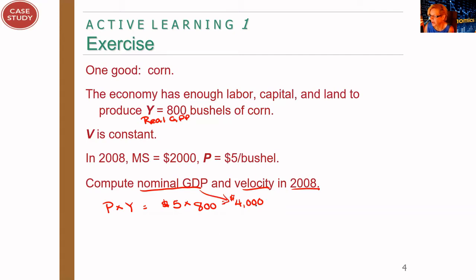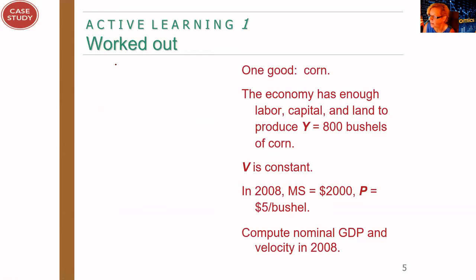I'm going to do it on the next slide just to give myself a little more room, but we're going to take that 4,000 and bring it forward. Nominal GDP is the price level times real GDP: $5 a bushel times 800, which gave us 4,000. Now, if we want to calculate velocity, we divide this nominal GDP by the money supply, and we get 2.